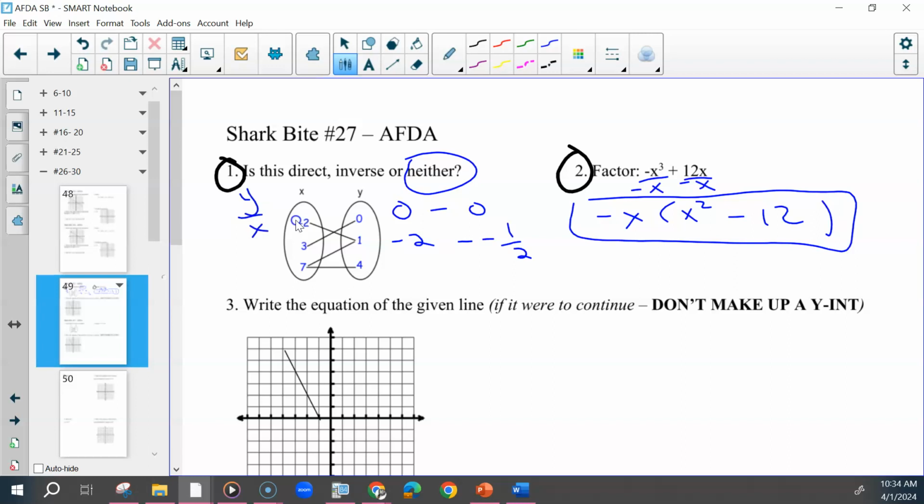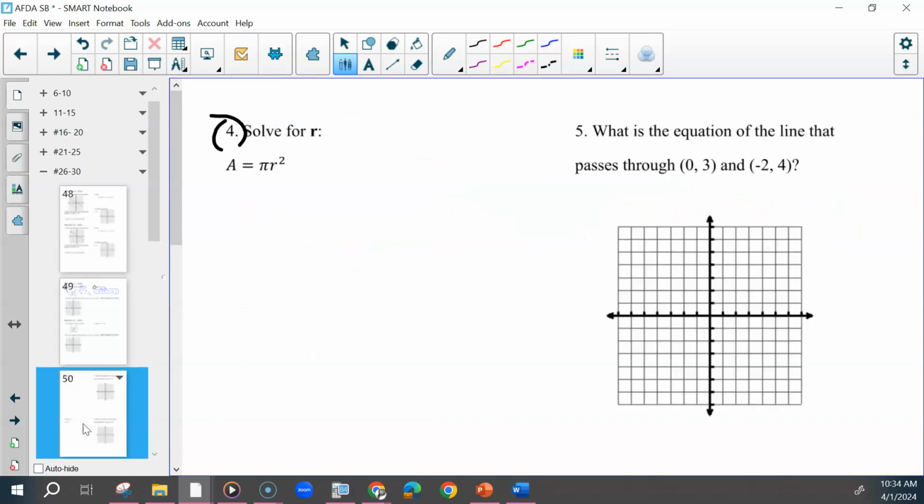And then number 4, solve for r. So we have to get r by itself. We can get rid of pi by dividing both sides. And then how would we get rid of the square? The square root of both sides.